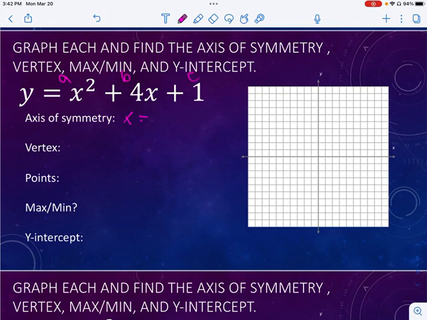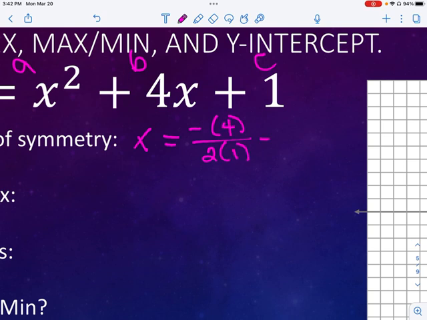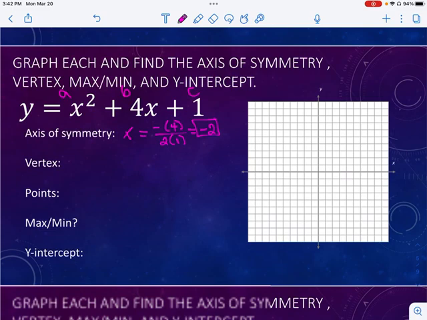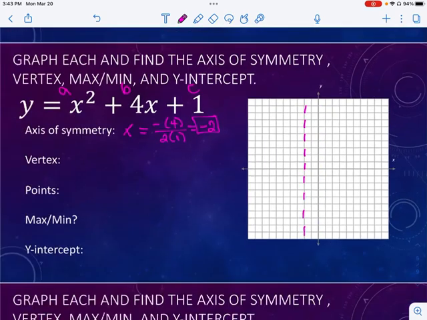My axis of symmetry, x equals, and we're going to go negative of B over 2 times A. Here, A is 1, B is 4. So negative 4 over 2, which is negative 2. Now, what that means for me is when I go to my graph, I have this imaginary line going through x equals negative 2.